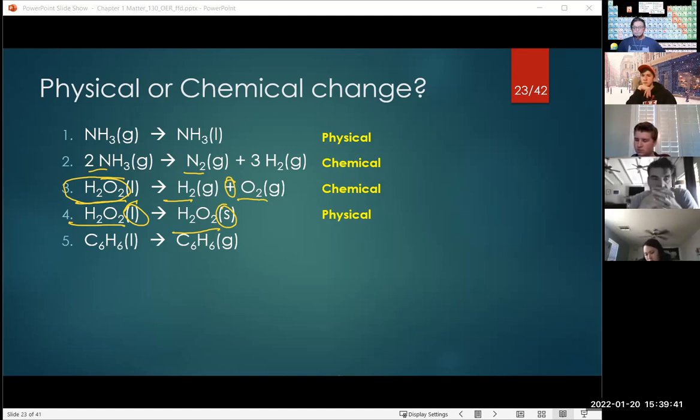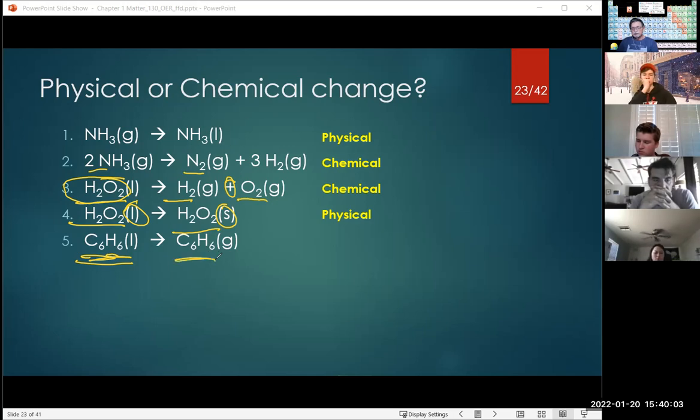And finally, the last one, we got C6H6. Notice something. Remember the one where I said earlier about hydrocarbon, where you have a mixture of nothing but carbon and hydrogen? Okay, we got a hydrocarbon here, nothing but carbon and hydrogen put together. There's 6 carbons, 6 hydrogens.